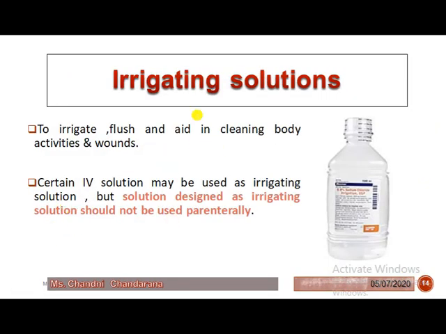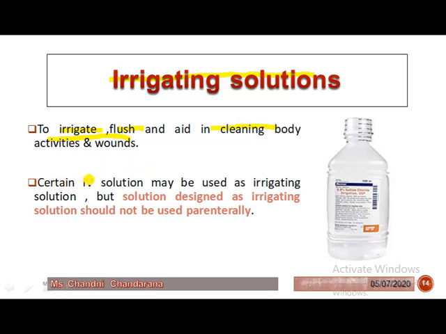The last is irrigating solutions, or irrigation solutions. So what are irrigation solutions? They are used to irrigate, flush and aid in cleaning body cavities and wounds. Generally, in tooth treatment this kind of solution is used.